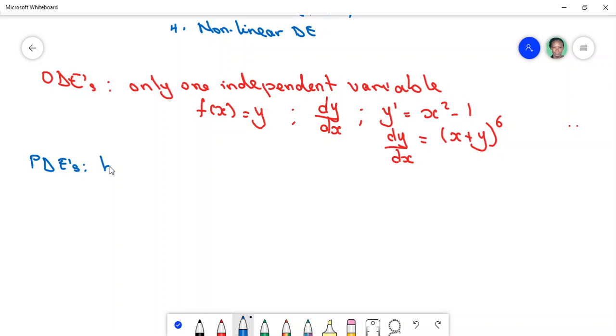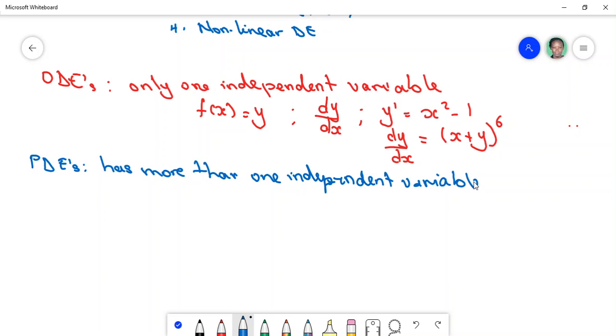It has more than one independent variable. More than one independent variable. So if I have a function, let's say I have a function, and the function is a function of, let's say, u, v, w. So you realize that we have more than one independent variable for this.